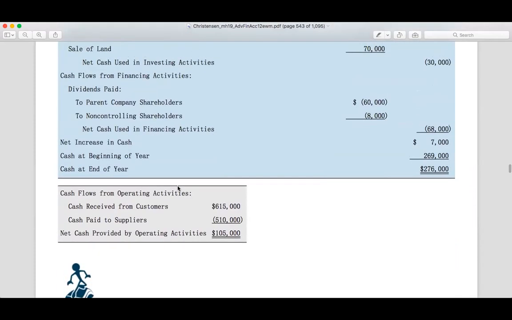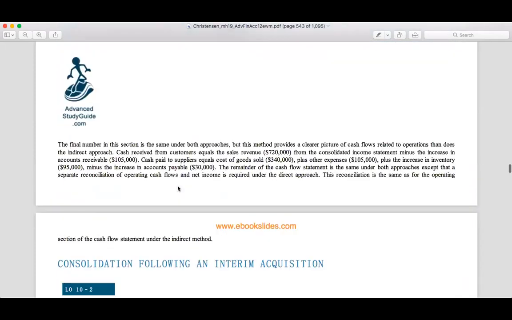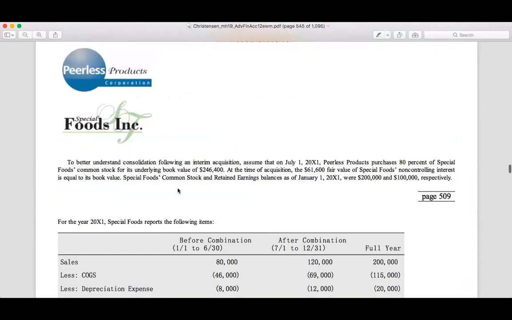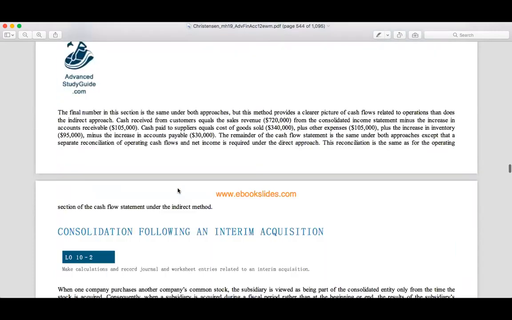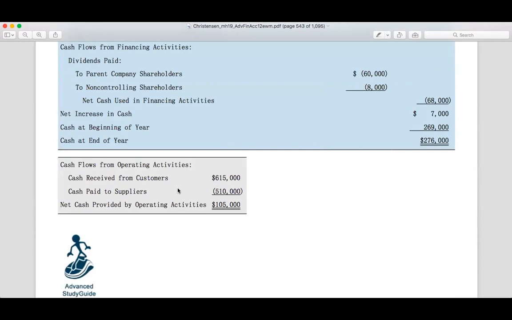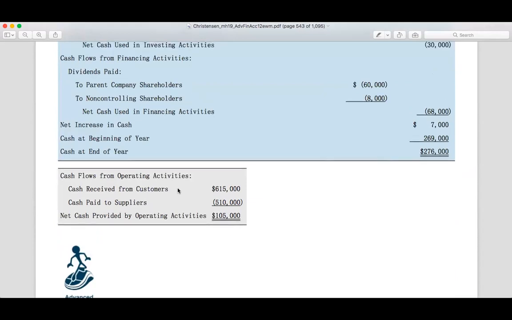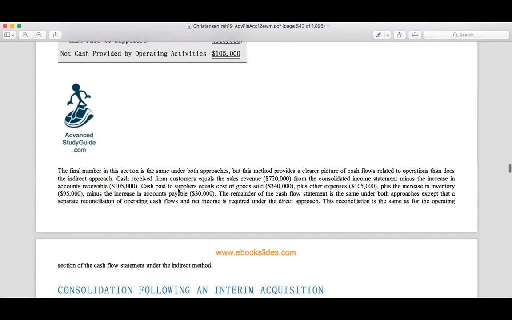If we focus on the direct method, I think I found it in the book. For example, like this. There is information stated that cash received from customers is 650,000 rupiah, cash paid to suppliers is 510,000 rupiah, right? So we can see that this information is clearly stated.